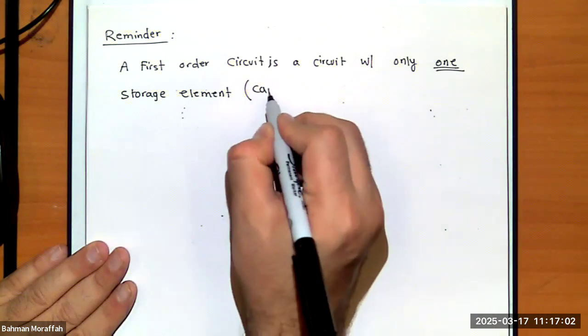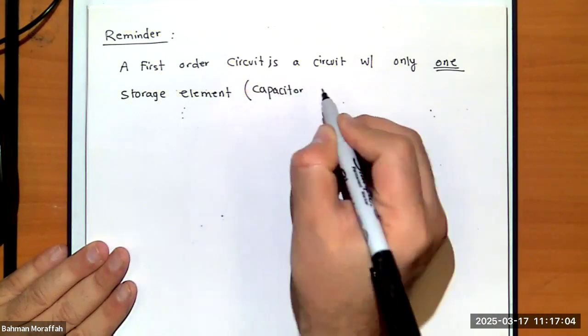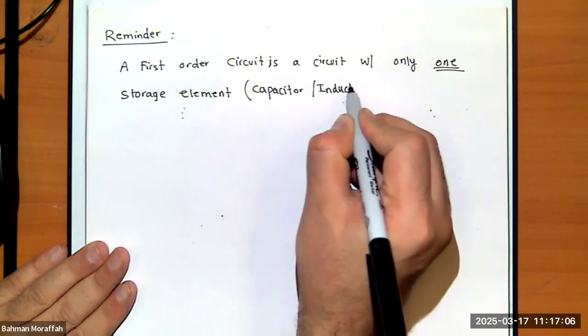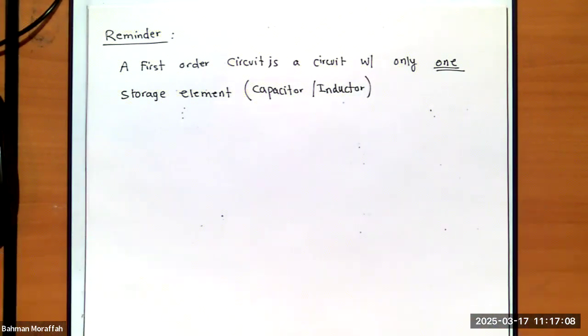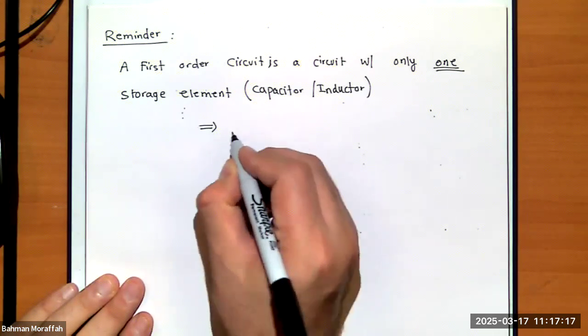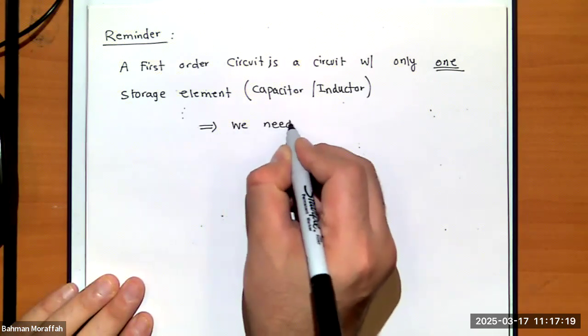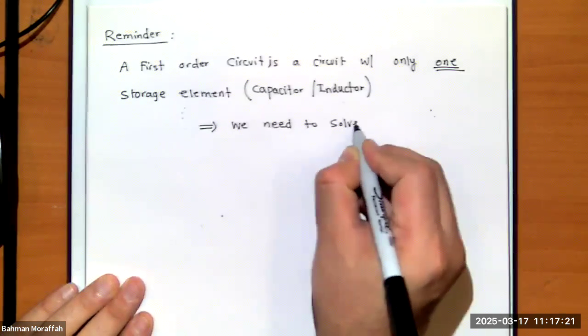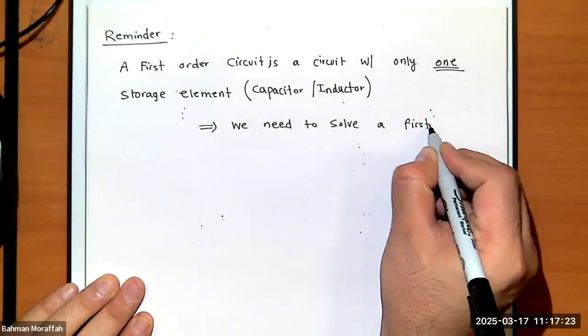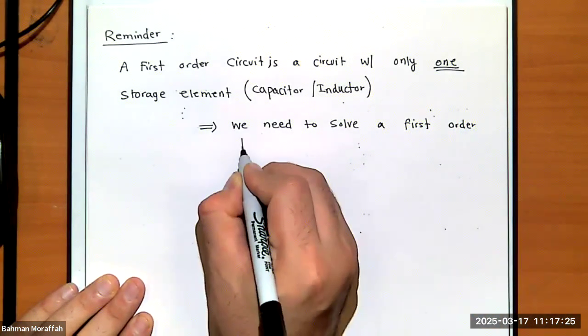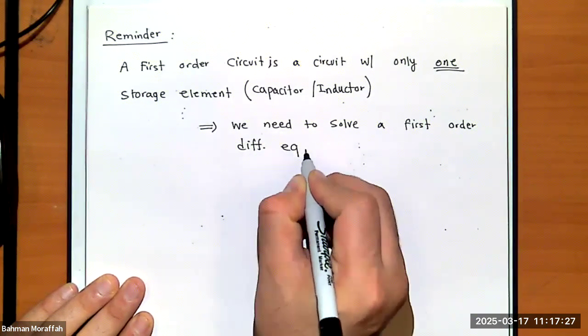It could be either a capacitor or an inductor, but there is only one of them. And the reason that we called it a first order circuit was just because we ended up solving a first order differential equation. So we need to solve a first order differential equation.